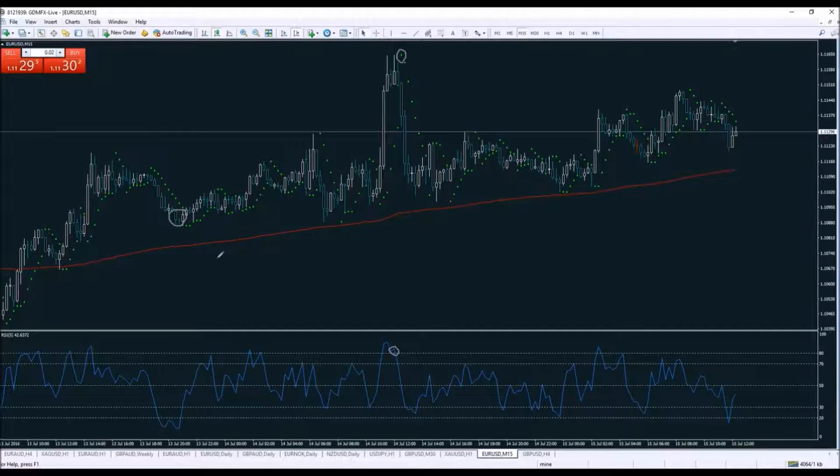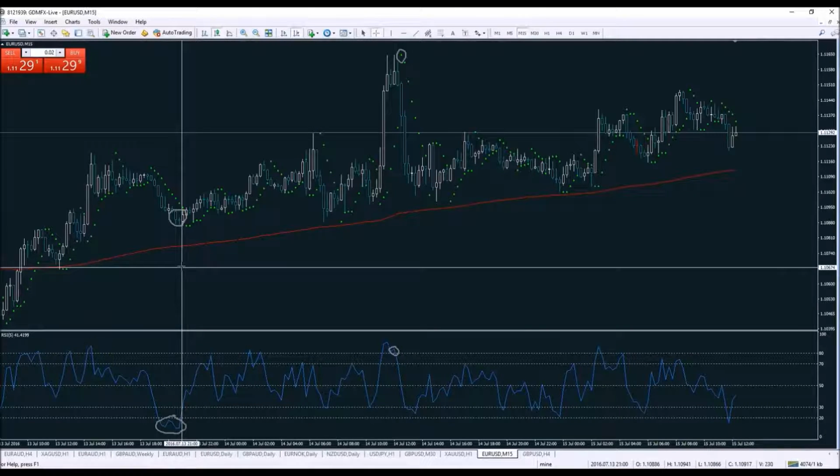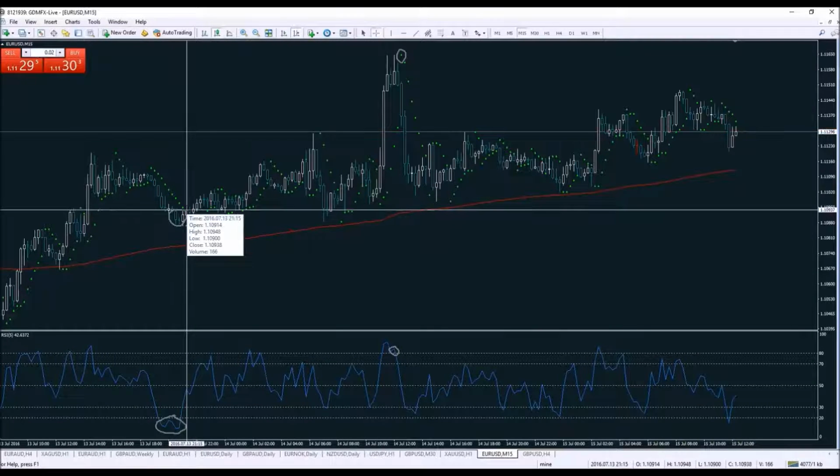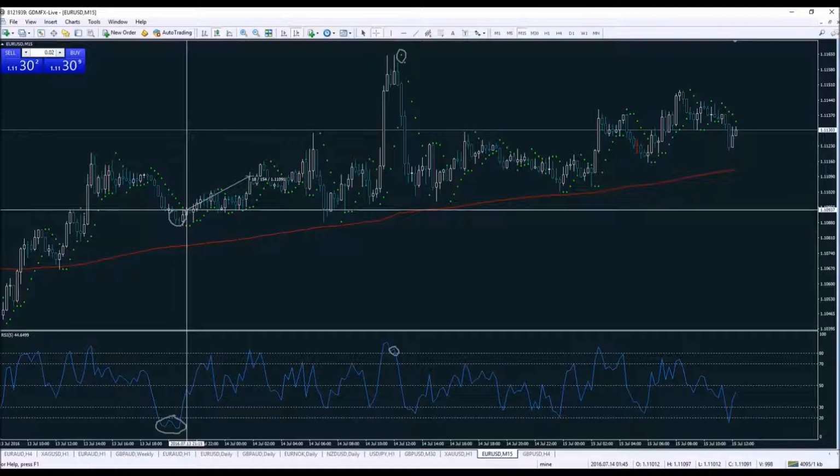They're also very powerful. Now in this case here, we can see that the RSI has broken above its extreme low conditions. From here until here, we have realized $160. Again, this is about 15-16 pips of profit. But in terms of stop loss, your stop loss comes way down here.